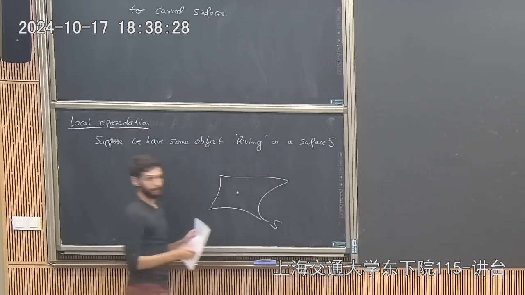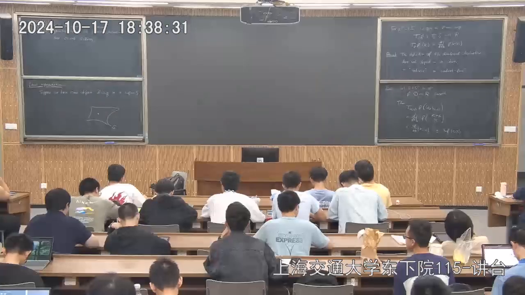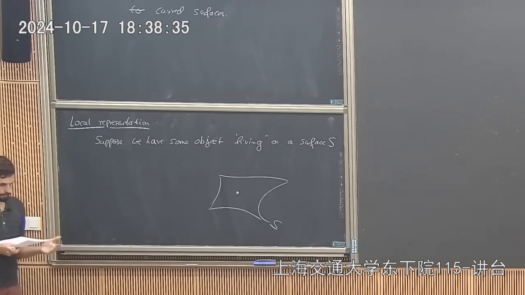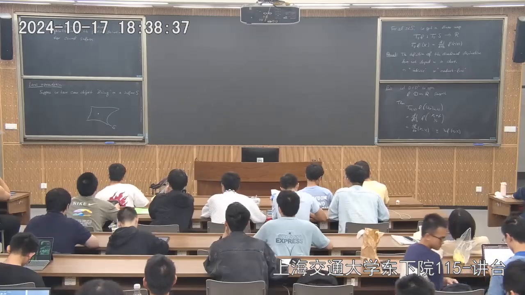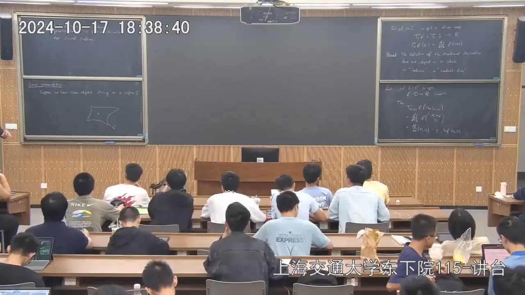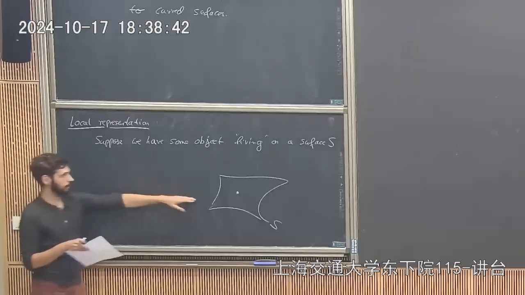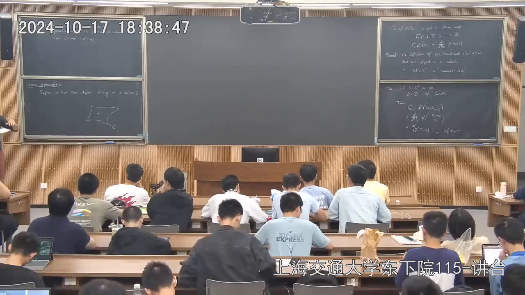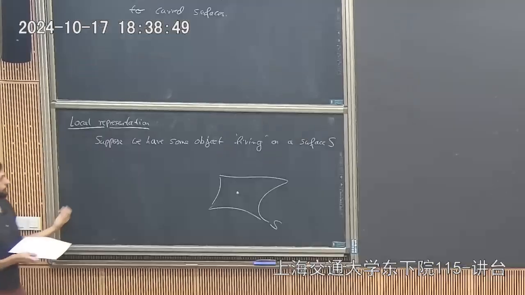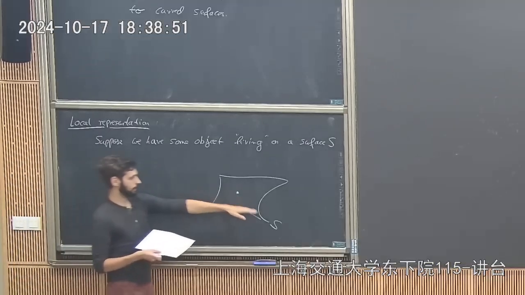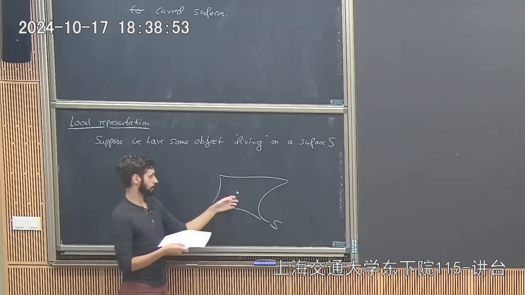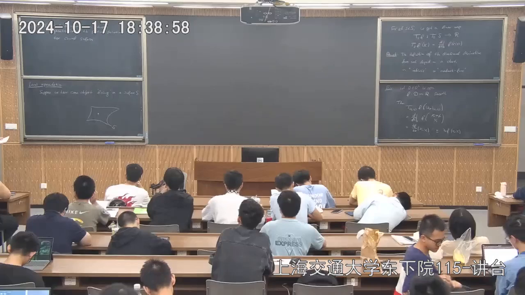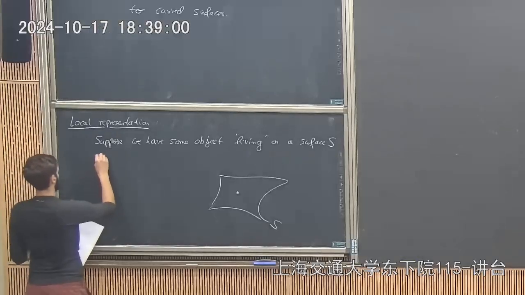So we have some object, and we would like to study that object. Natural things would be, if it depends on the points, to be interested in saying how much the object changes if I change the points. For example, if I have a function, I would like to say how much the function changes as I move in a certain direction, and that's what we talked about with the directional derivative.